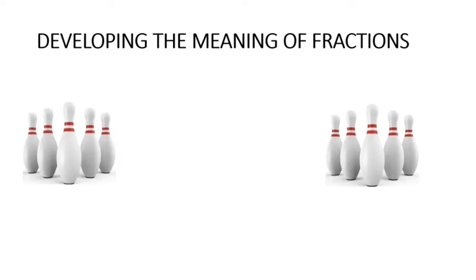Divided into 2 equal groups like this, we can call it half. So the 5 bowling pins on the left is 1/2, and the 5 bowling pins on the right is also 1/2. Suppose I had an orange to share between 2 boys.